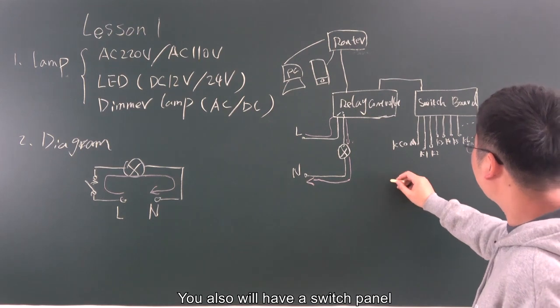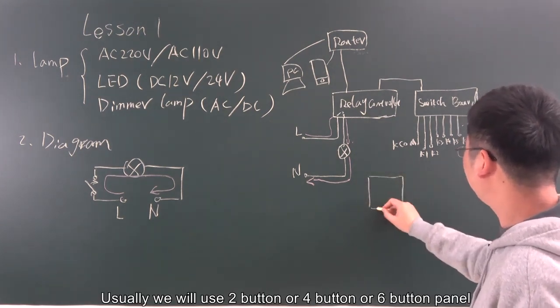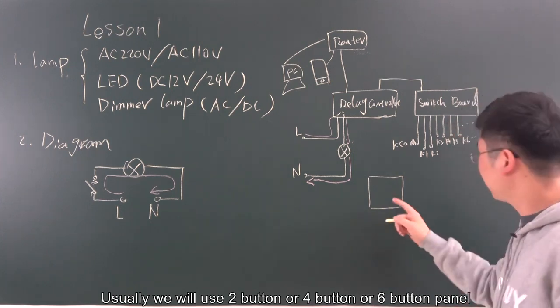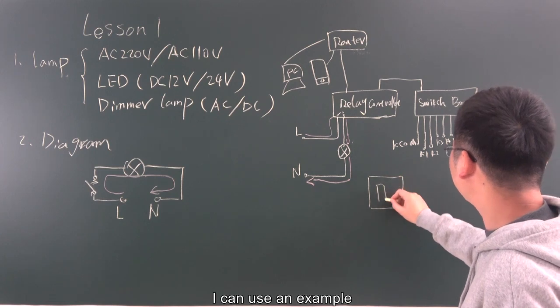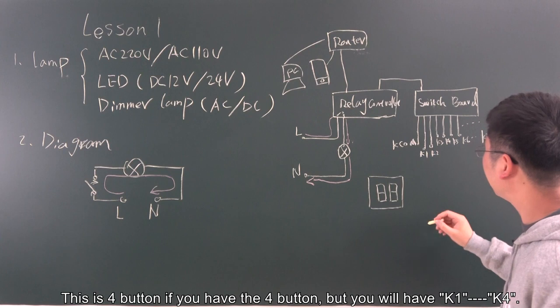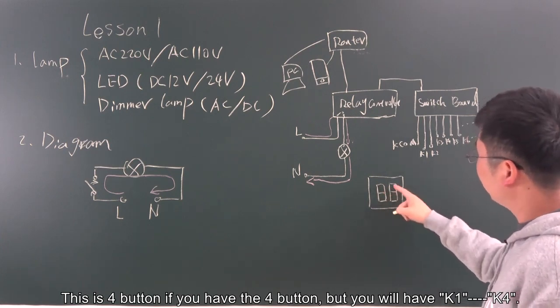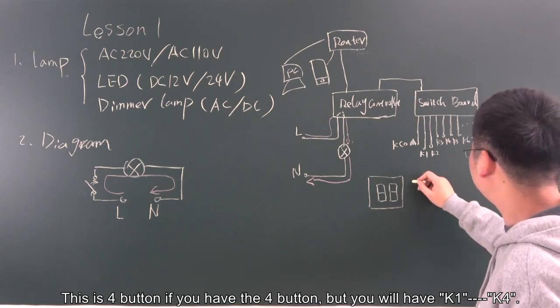You also will have a switch panel. Usually we will use 2 button, 4 button or 6 button. I can use an example. This is a 4 button panel. If you have the 4 button, you will have K1 to K4.